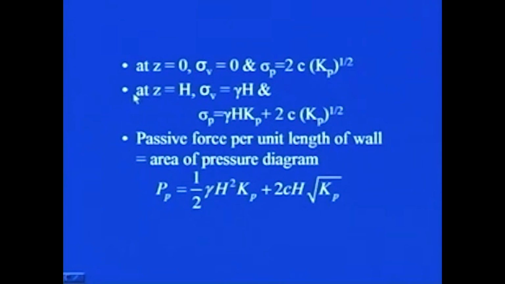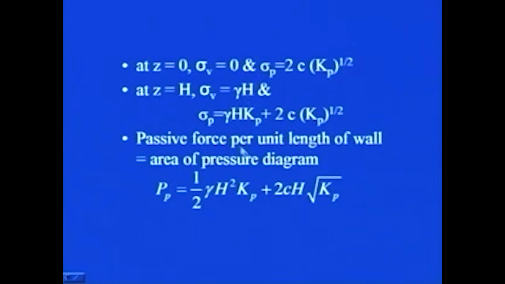Then at depth z equal to H, sigma v will be equal to gamma H, and subsequently the expression for sigma p will be gamma H Kp plus 2c square root of Kp. So, now we know the ordinates of the earth pressure diagram. Once we know this, it is simply a trapezoidal shape, so we can find its area and get the resultant passive force per unit length of the wall.